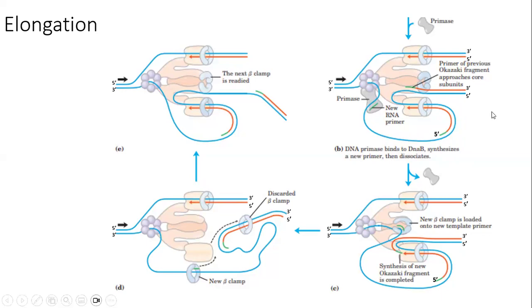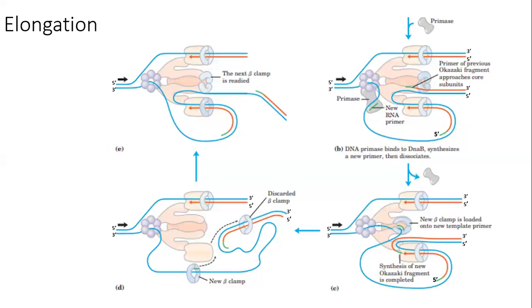Simultaneously, the core polymerase continues with the extension of the previously formed primer till it reaches the beginning of the previously synthesized Okazaki fragment.